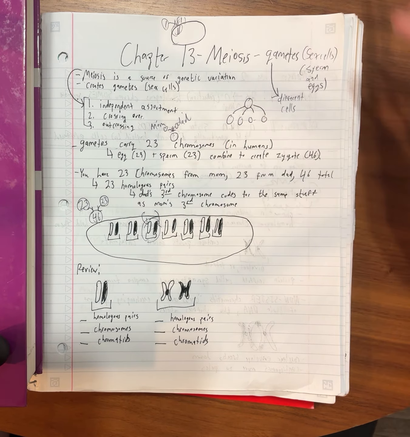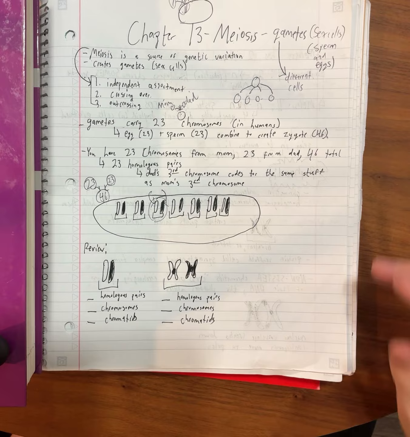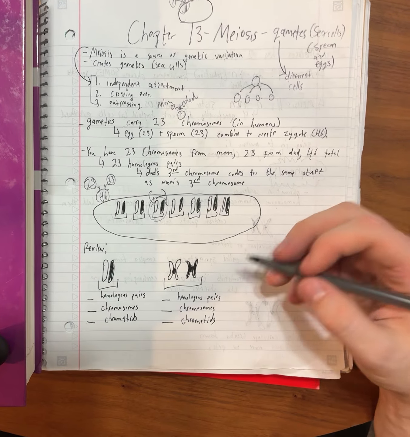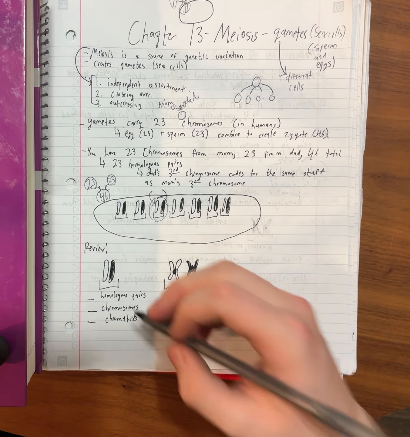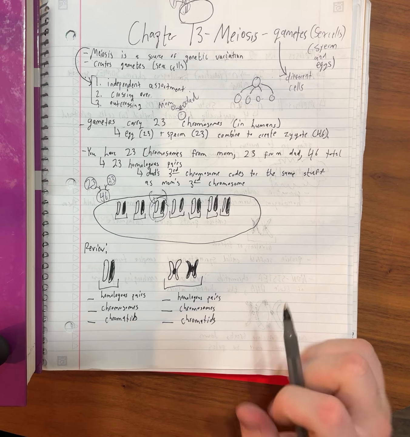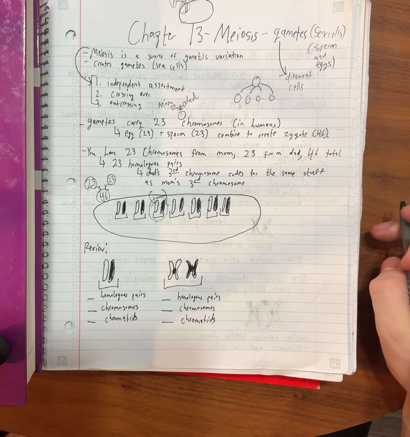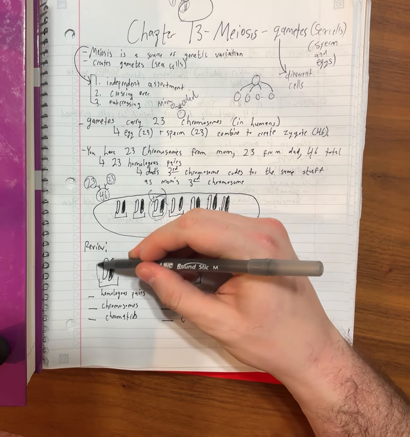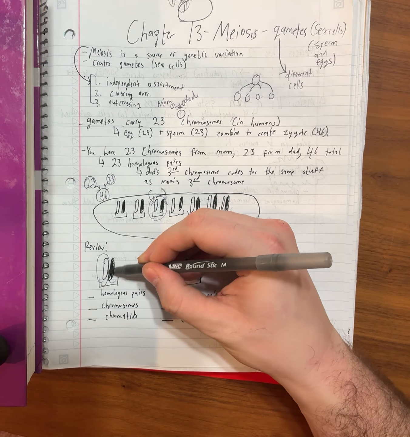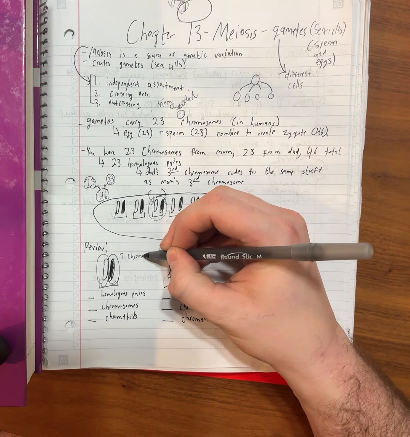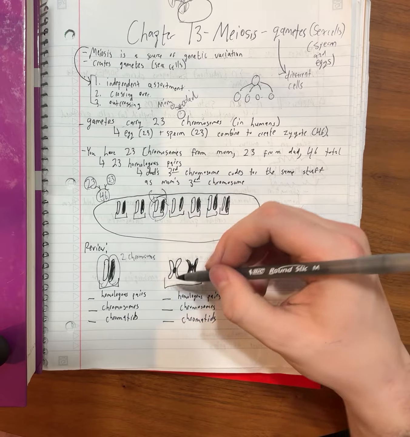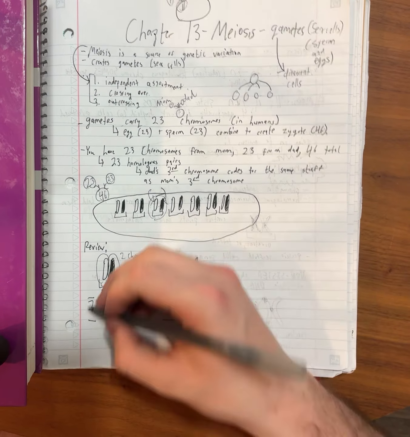So that's sort of just the outline, and then just a quick review about chromosomes, chromatids, and homologous pairs. Remember that chromosomes is the number of whole structures that you see. So right here, I see a whole structure, and I see another whole structure right here. So that must be 2 chromosomes. And then over here, I left spaces specifically to write the numbers.